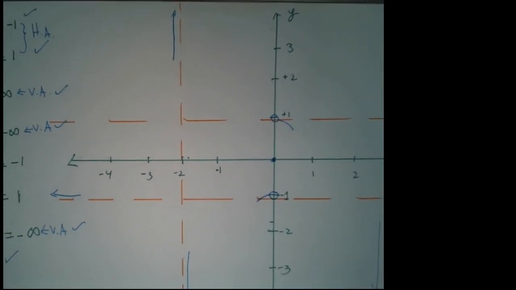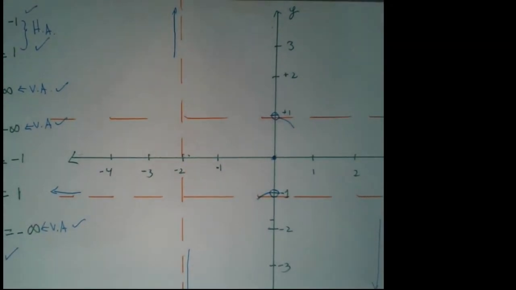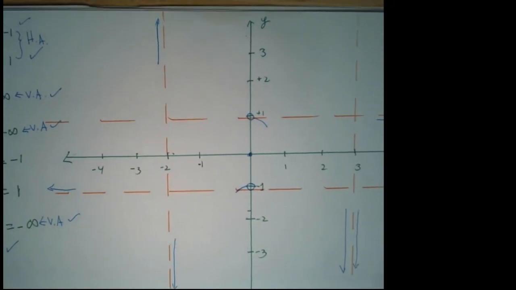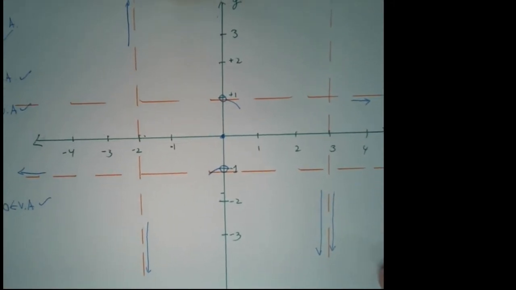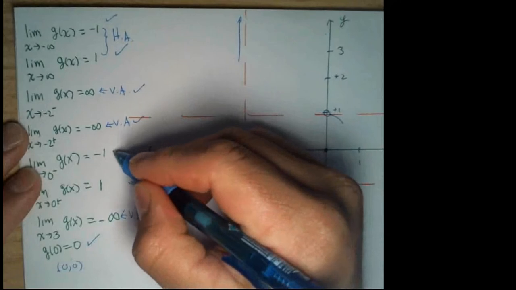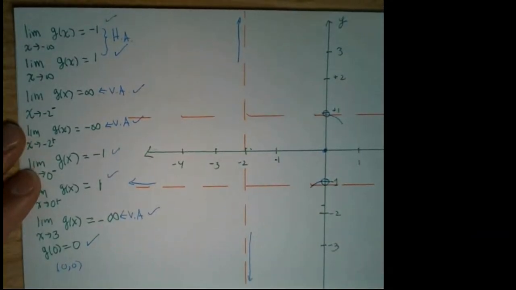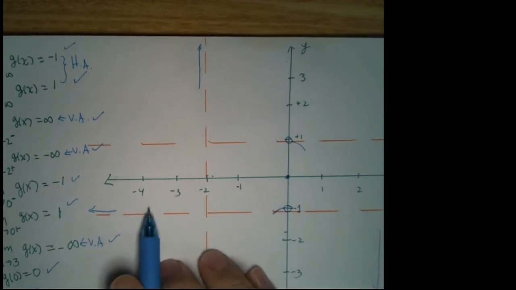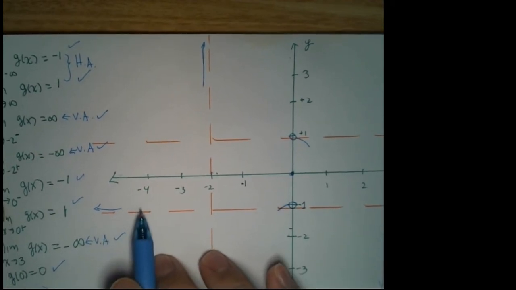Let me adjust my camera here. Looking at this, I've accounted for all of my conditions. The only thing left is to put this together, because this just goes out into space, not going anywhere, and I don't want that.